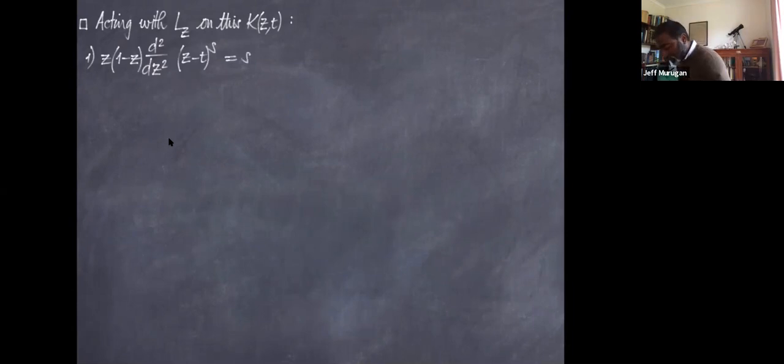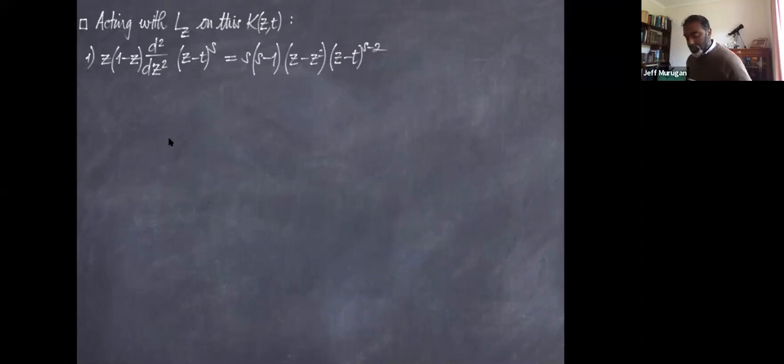So this will give me an S times S minus 1 times Z minus Z squared, where I've just multiplied through the Z in that expression, times Z minus T to the S minus 2. That's the first term.